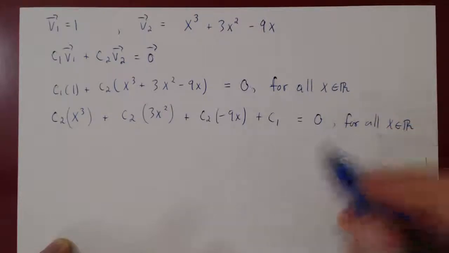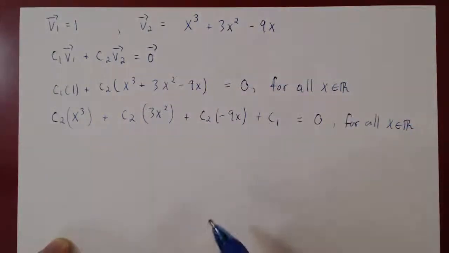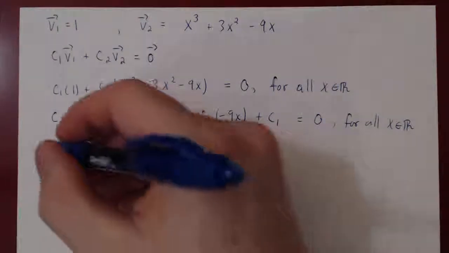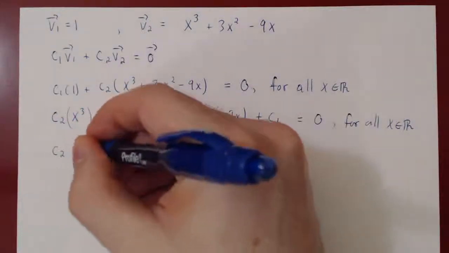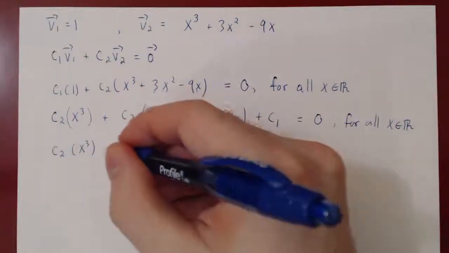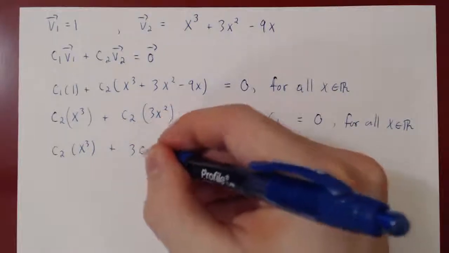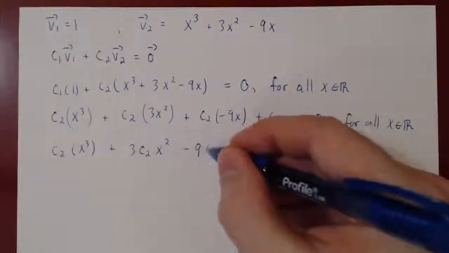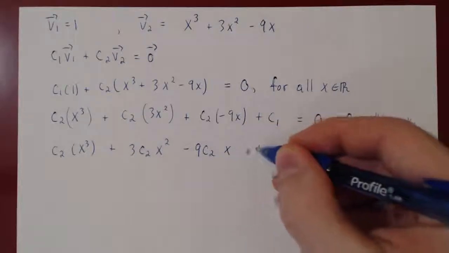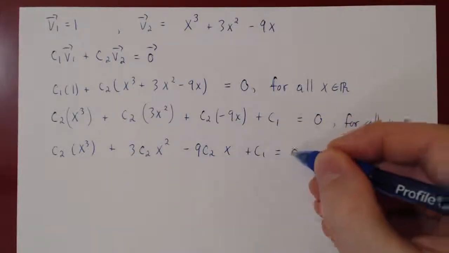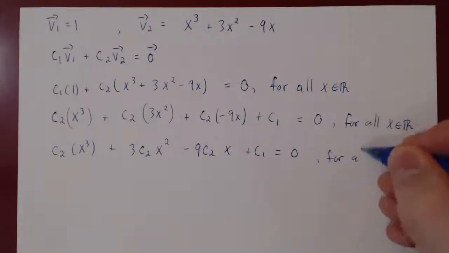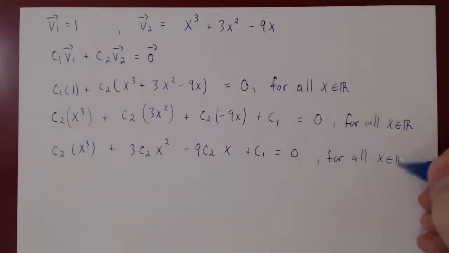But if you think of it, look at this polynomial, right? It is c2 times x cubed plus 3c2 times x squared minus 9c2 times x plus c1, and this must be the zero polynomial, therefore equaling 0 for all real values of x.